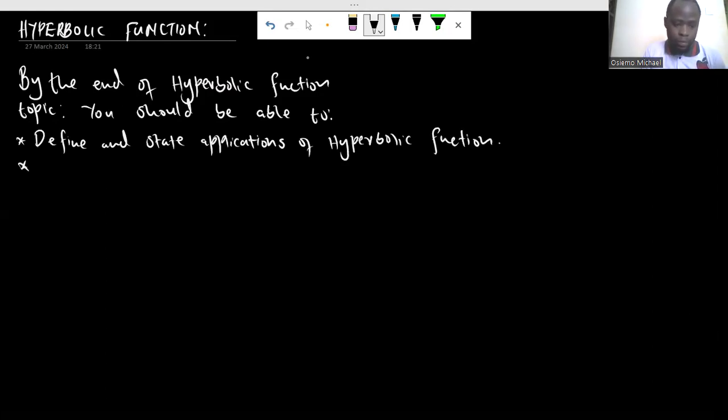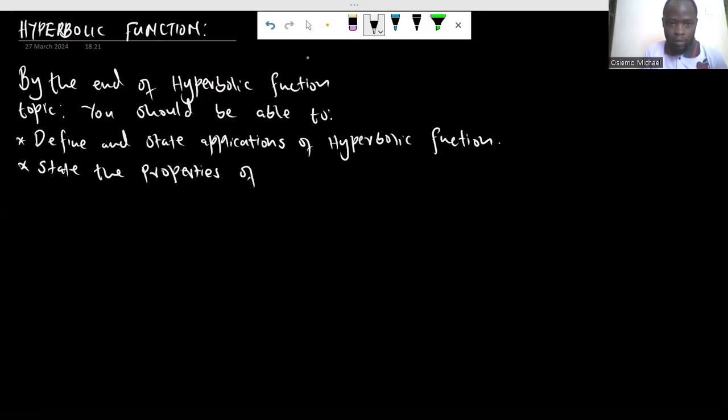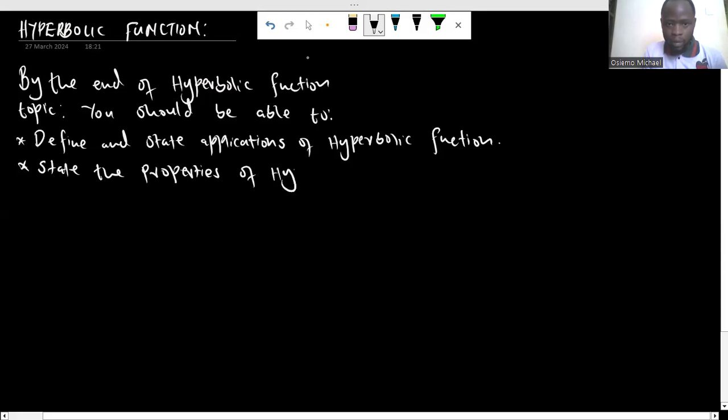Also, you should be able to state the properties of hyperbolic functions.